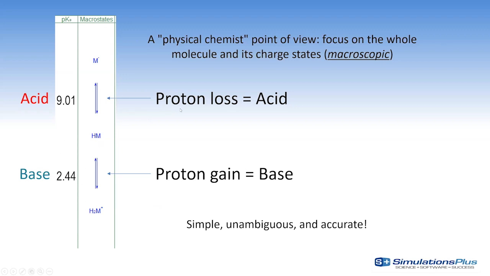When you have a proton loss, then from a physical chemist's point of view, you have an acid, because the physical chemist focuses on the whole molecule and its charge states. So the physical chemist's point of view is macroscopic. By the same token, if you gain a proton, you go from HM to H2M+, you have a base. It's simple, unambiguous, and accurate.